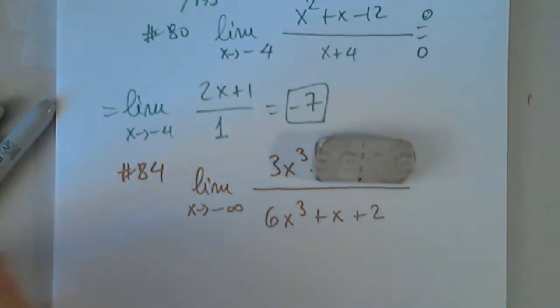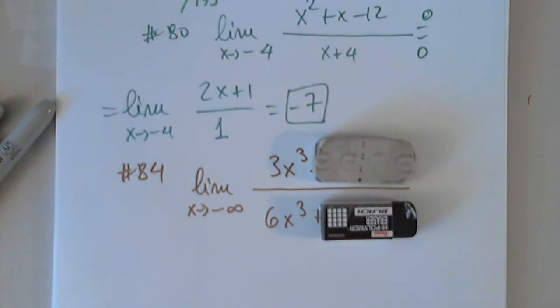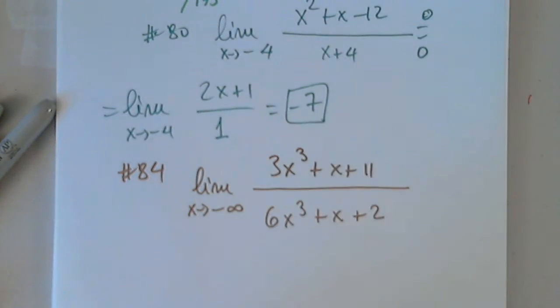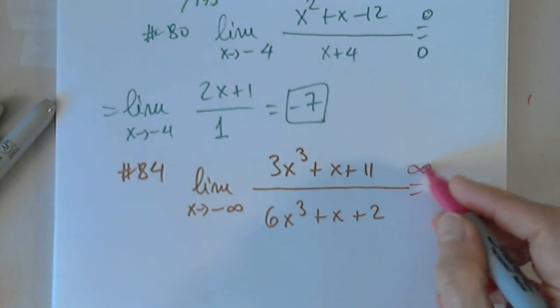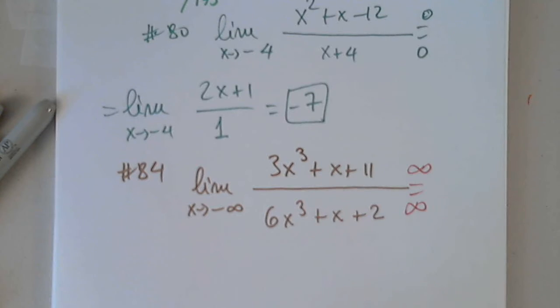They are too small to mention. Otherwise, they do exist. So this goes to -infinity, and this goes to -infinity. So it's infinity over infinity. We are lucky. We can use L'Hopital's rule because it's one of the two indeterminate cases.